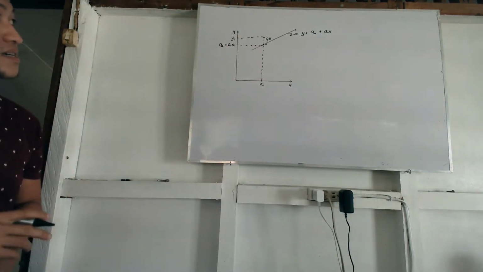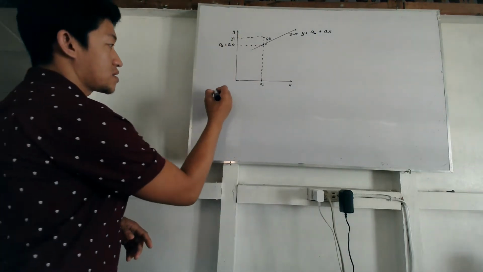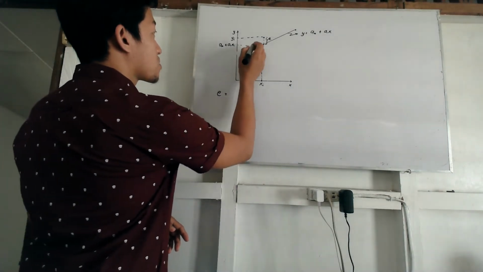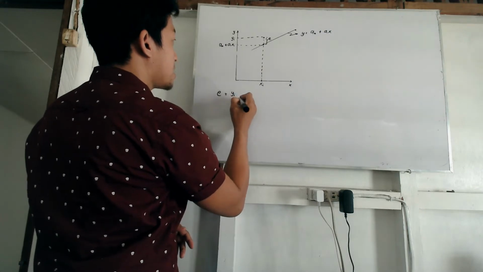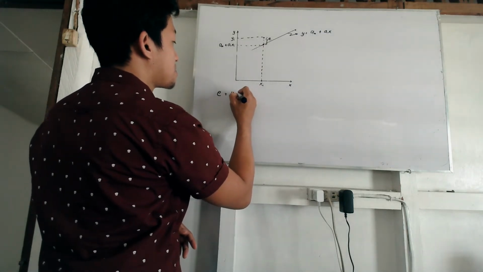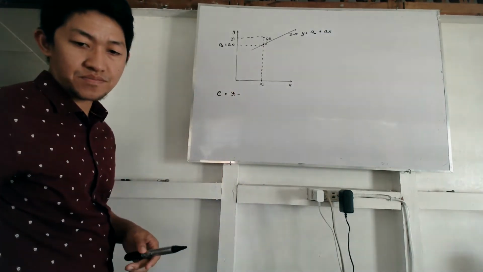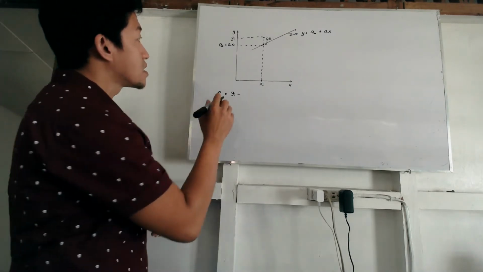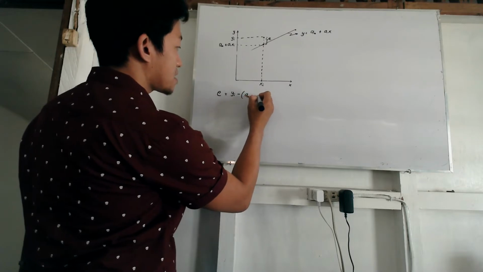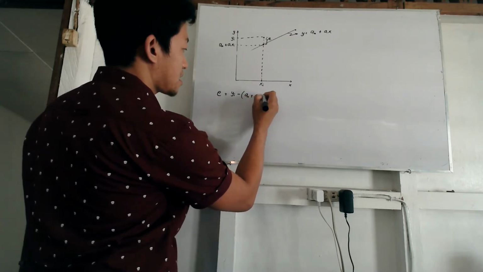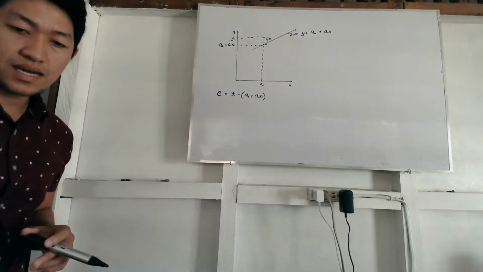Okay? So what is e? What is error? Error is equal to kani, di ba? Difference ani. Y sub I minus kani AO plus A1 xi. Okay?